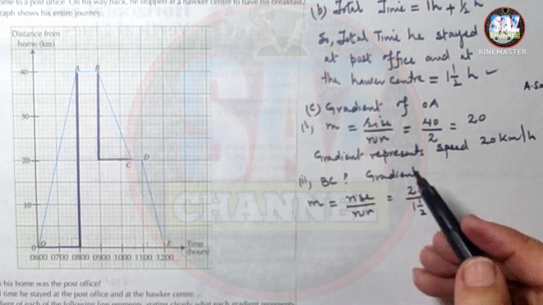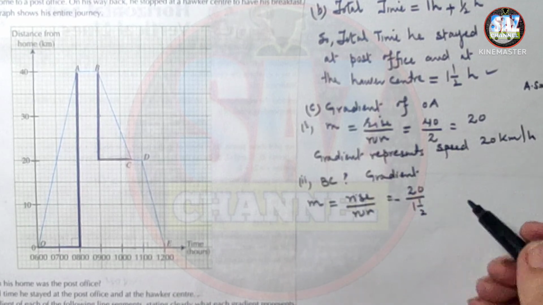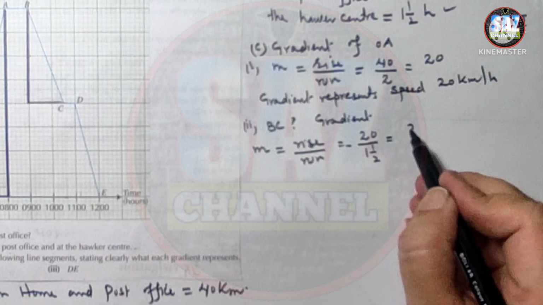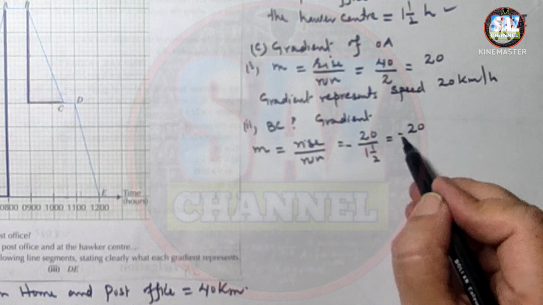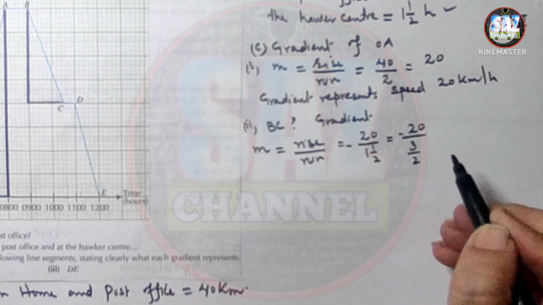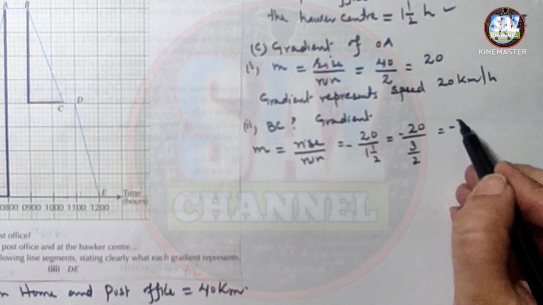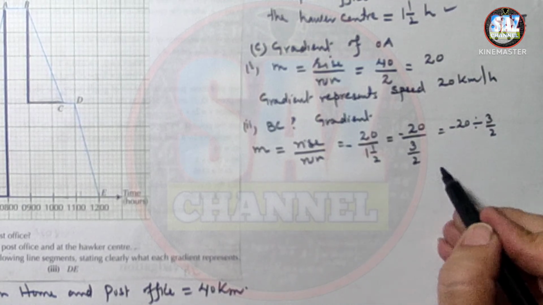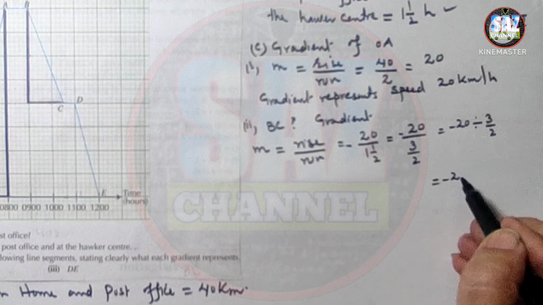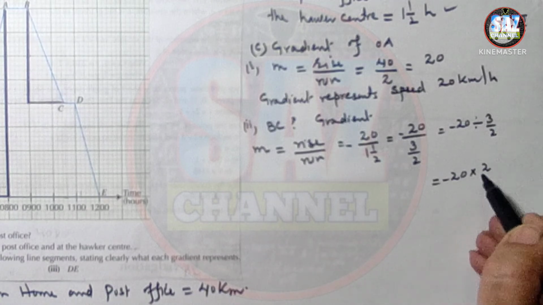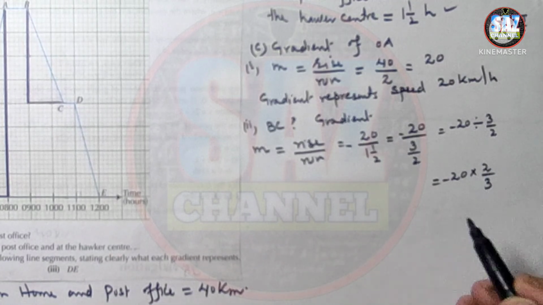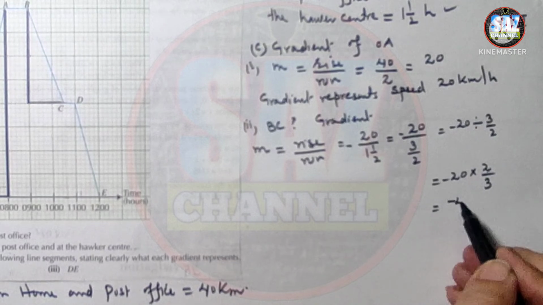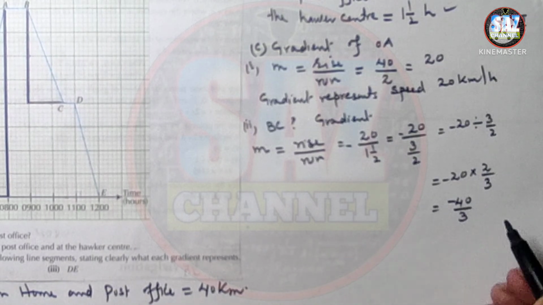The line is in the falling trend, so the gradient is negative. So 20 divided by 3/2, or we can do minus 20 multiplied by the reciprocal, and then minus 40 by 3.